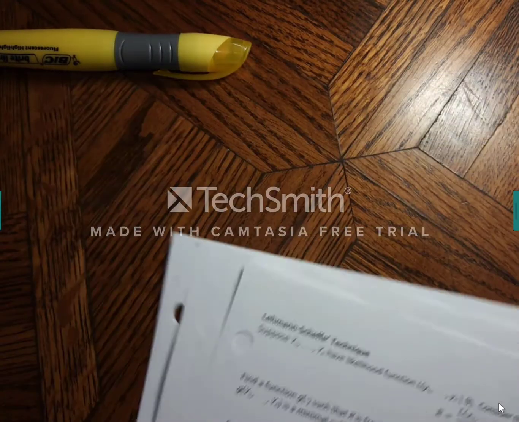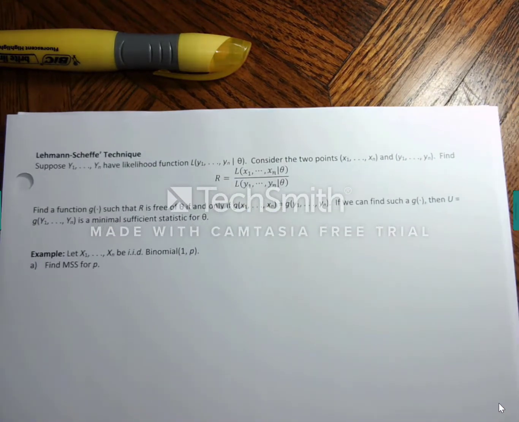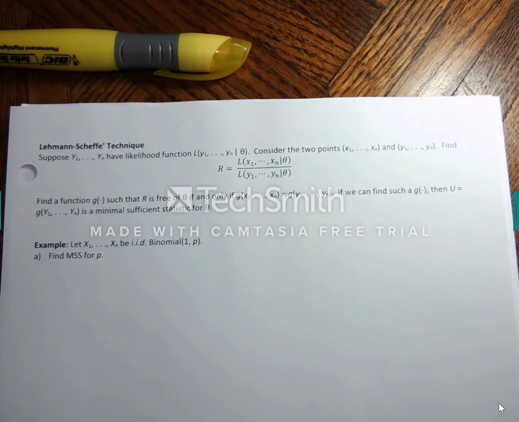And so this is going to bring us to what is called the Lehmann-Scheffé technique. The Lehmann-Scheffé technique says the following. Suppose that y1 through yn have the following likelihood function. We're going to consider two points, a set of x's and a set of y's.